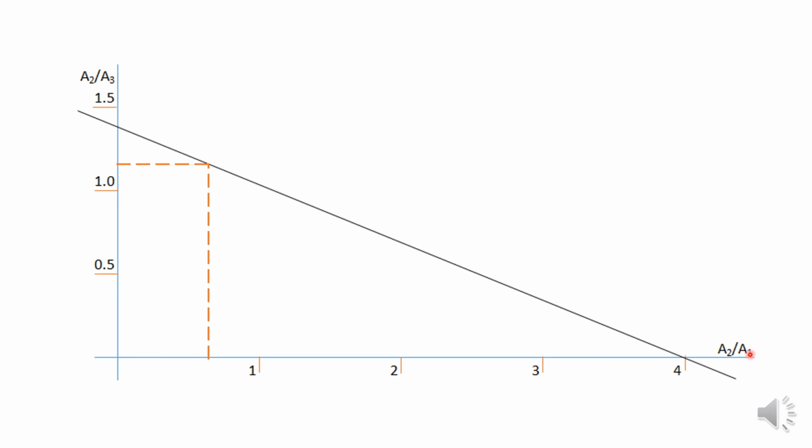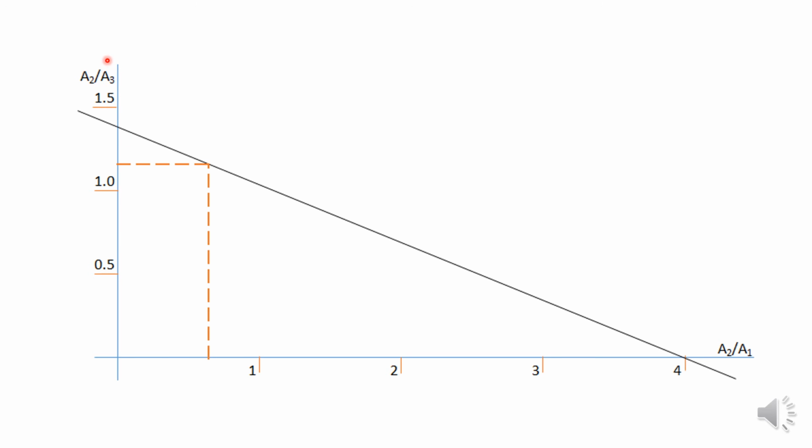A2 and A3 are cross-sectional areas on the horizontal top and bottom and the vertical left and right members. So you would like these to be more or less equal, in other words close to 1, either a little greater than 1 or a little less than 1.